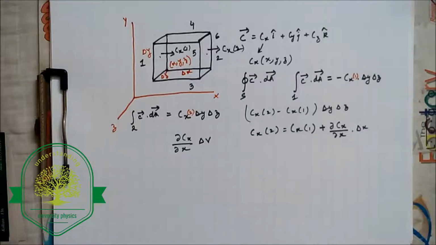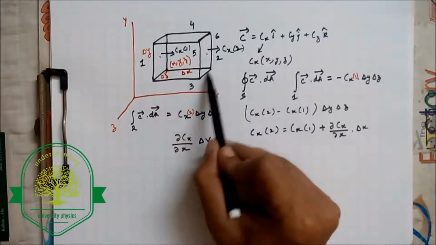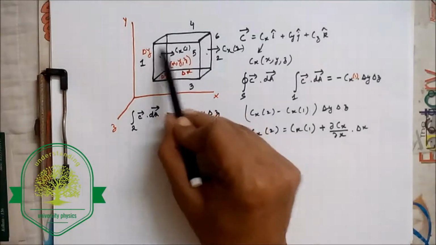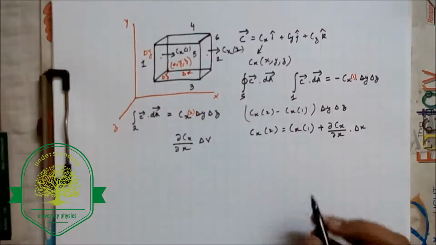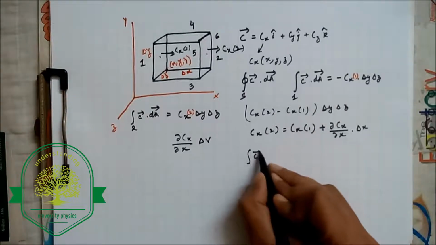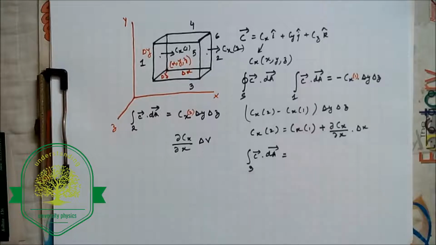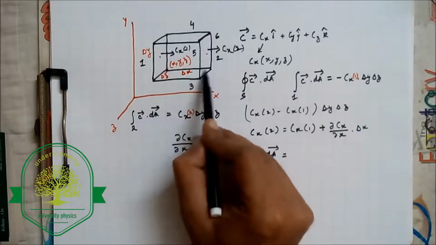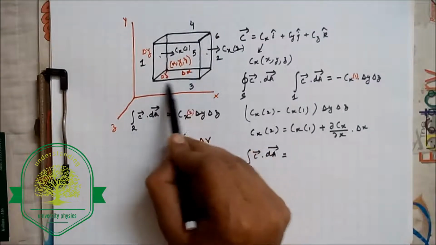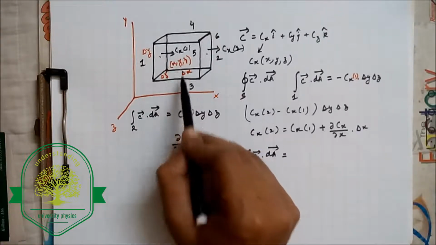Similarly, let us find the sum of the fluxes from these two surfaces, this one and the upper one. We can say the integration of c dot dA over surface 3. In this case, the component of c which is parallel to the area vector is the y component.